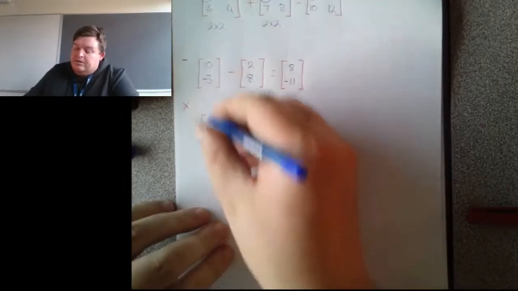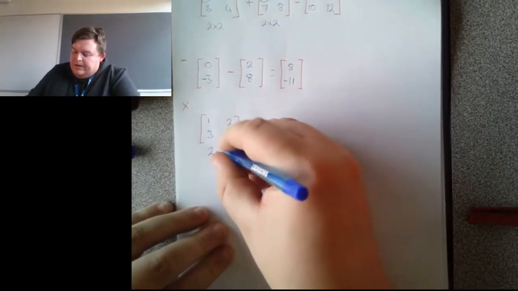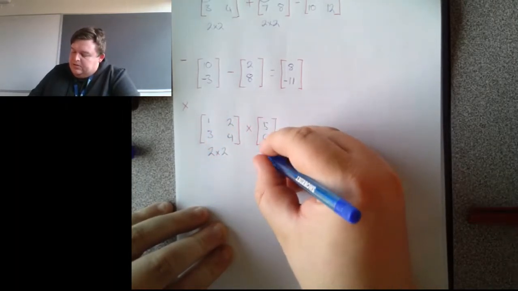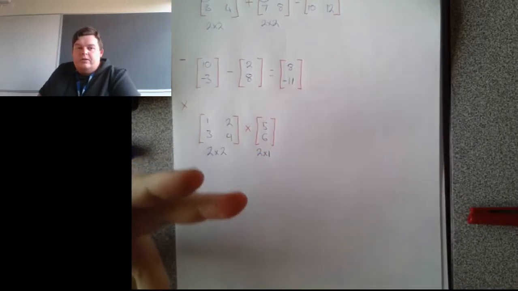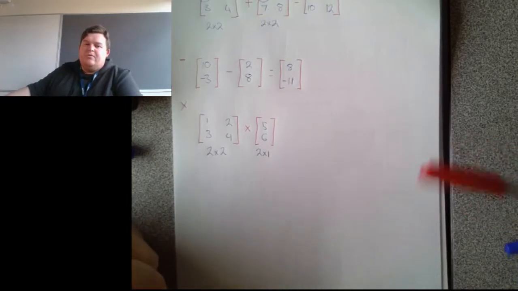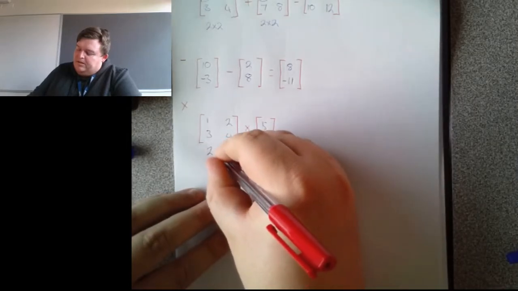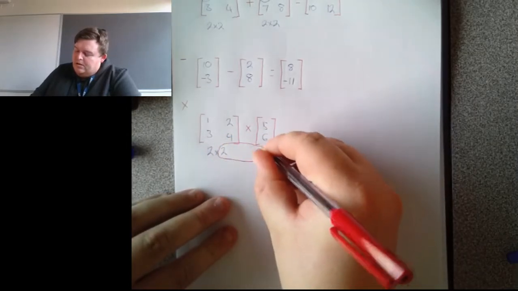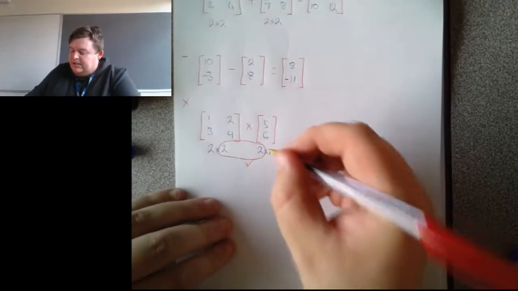So I'm going to write the order of each of these underneath. This is a 2 by 2, and this one is a 2 by 1. I encourage you to write the order at the bottom of each of these when you're doing multiplication, because this gives you a lot of information. Firstly, you need to check if these two middle numbers are the same. If they are the same, it means tick, we can do it.